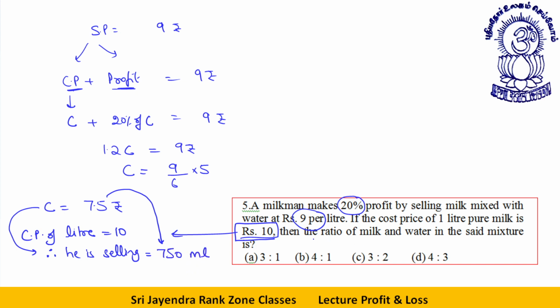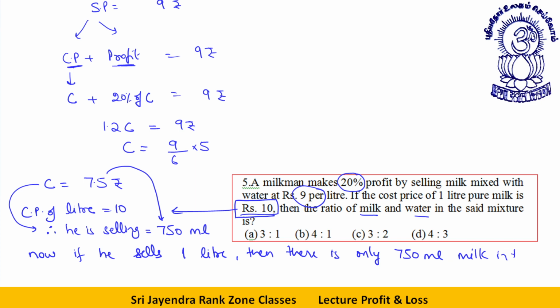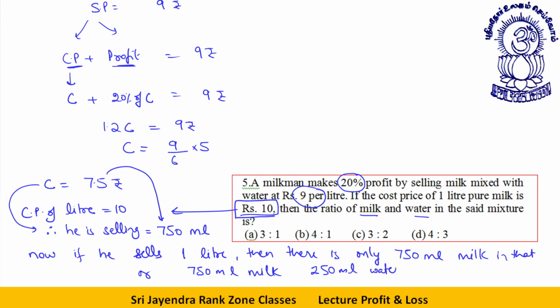Okay. Then the ratio of milk and water in the said mixture is, see students, now if he sells 1 liter, then there is only 750 ml milk in that, and 250 ml water.